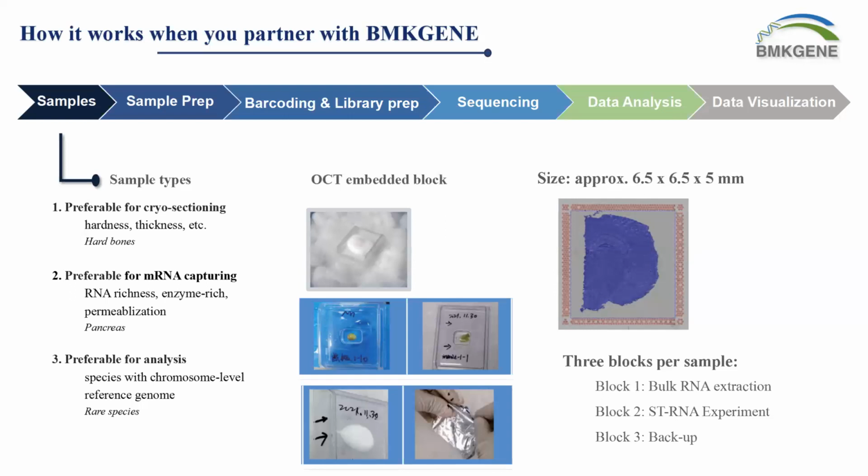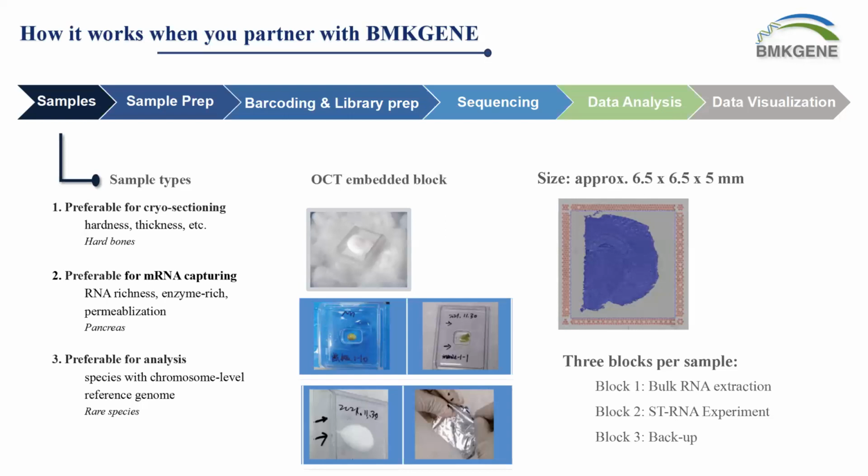Once we find that our sample is good, like very perfect for this experiment, then the next thing is how we prepare these samples. And the most commonly used method here is to do OCT embedding, and it's very common in most of these tissue-related study labs. And here I just show some images of how we do this OCT embedding, and we found that this small cassette was 7 by 7 in size.